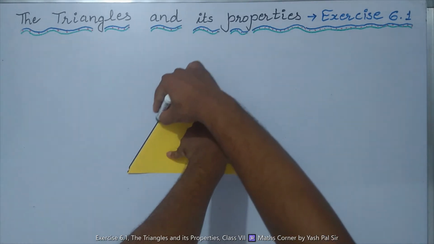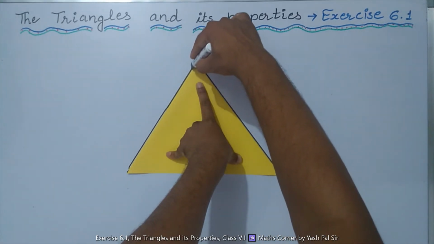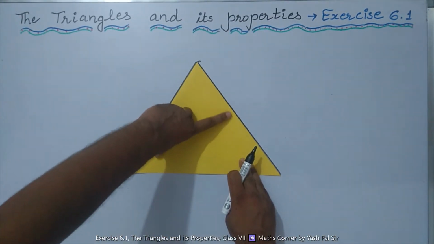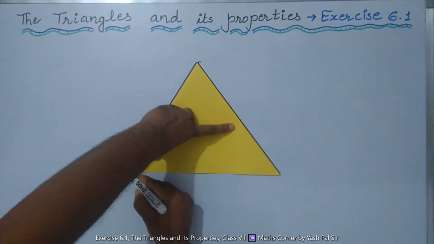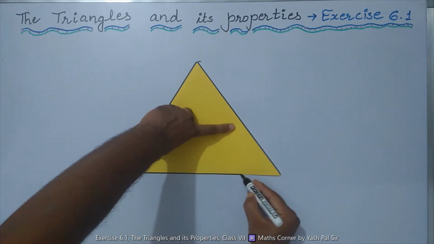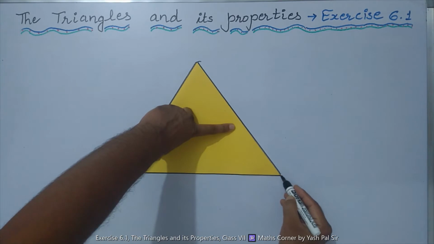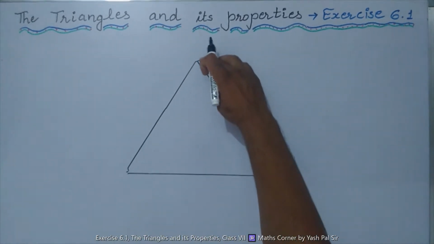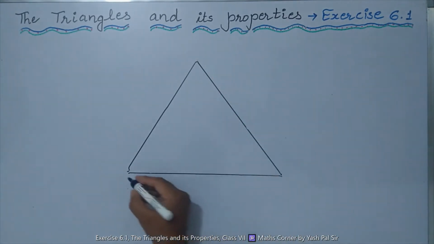This is line 1. Now this is line 2, right? And the third line is done like this. Okay, so this way we have sketched one triangle.